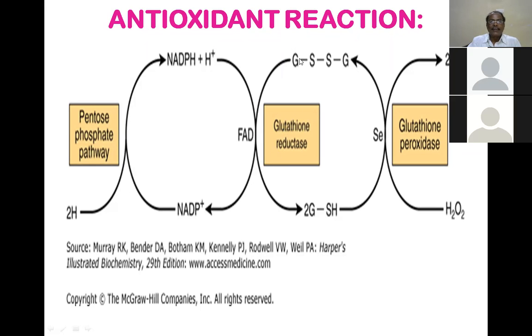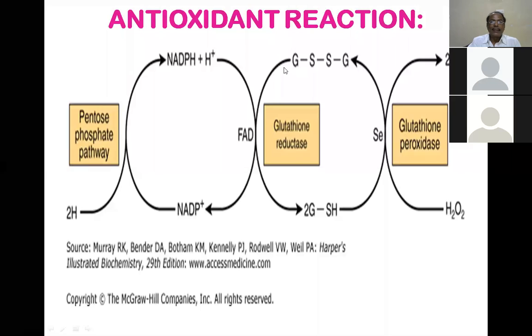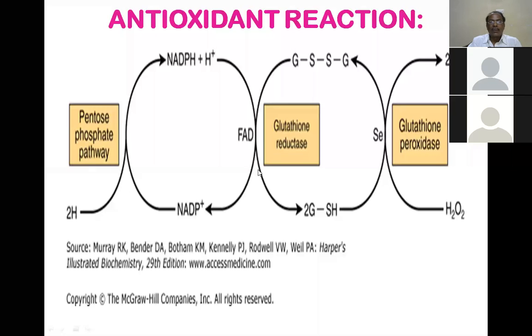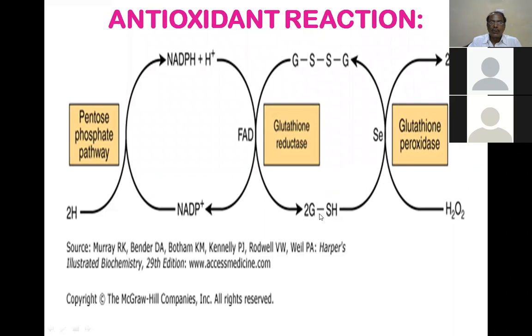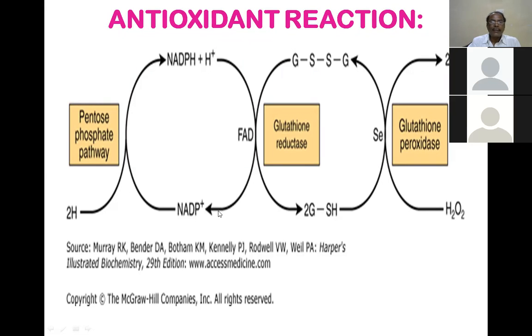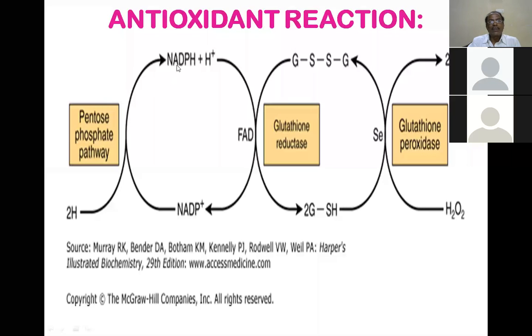And when the oxidized glutathione is available in the cell, with the help of glutathione reductase and NADPH, which is liberated in the pentose phosphate pathway, using FAD as a mediator, now producing the glutathione oxidized to glutathione reduced. This is very, very important. And oxidized NADP. This oxidized NADP, again one more cycle of pentose phosphate pathway passing through, becomes reduced.